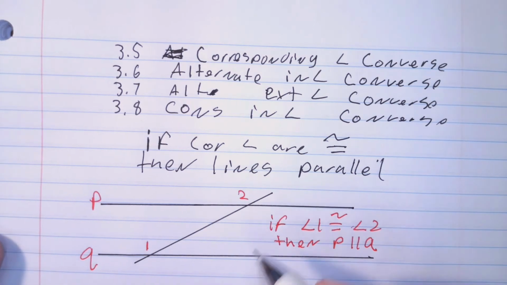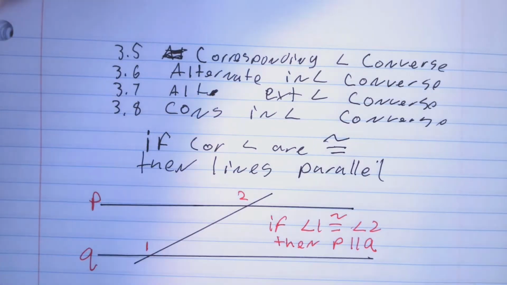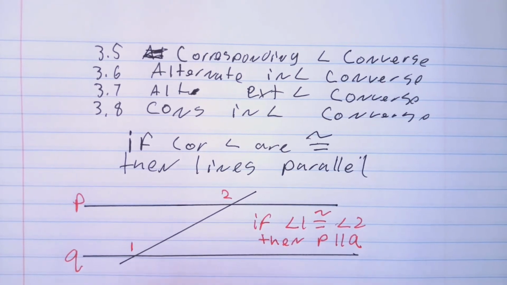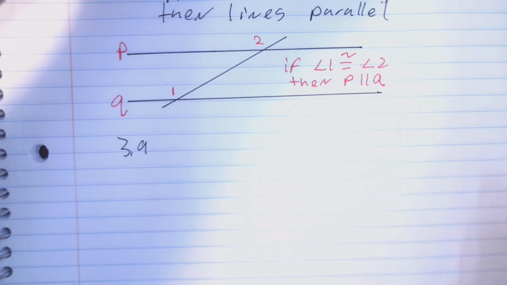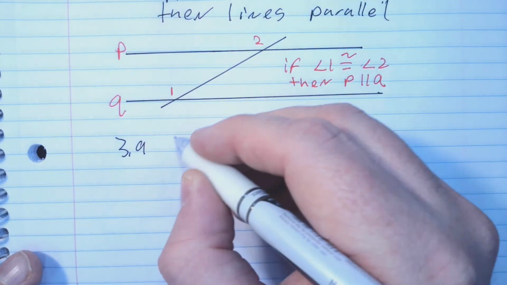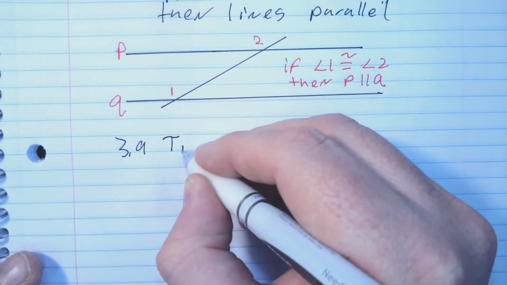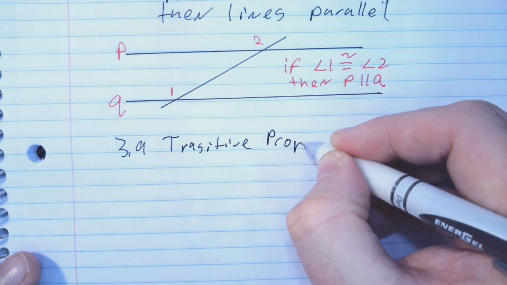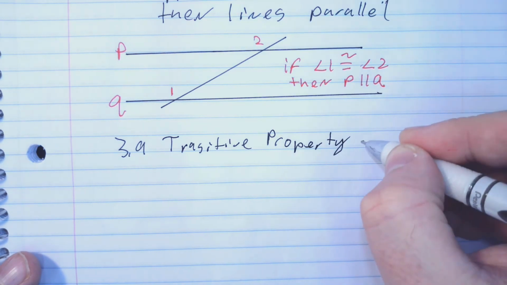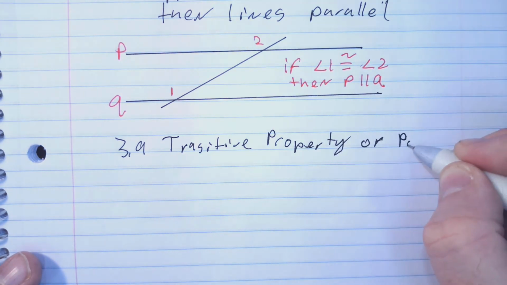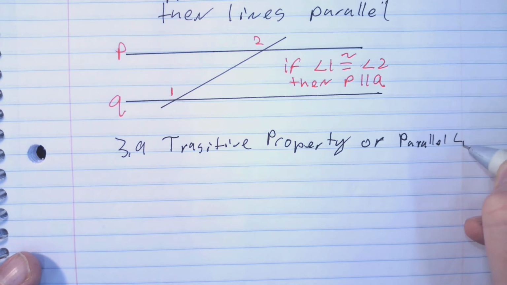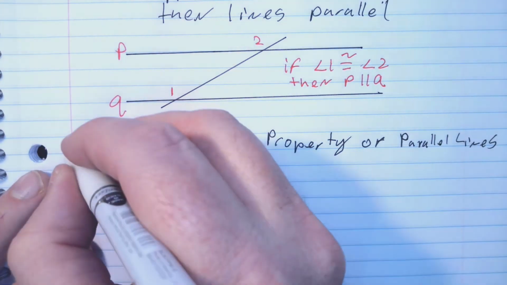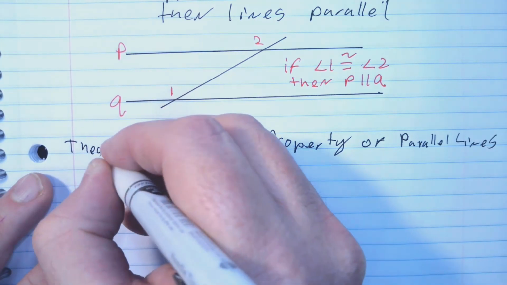There's one theorem that is separate that we are going to write down, and I'll try not to go too fast. This one is not a converse. So this is the transitive property of parallel lines, and it is a theorem and a property.